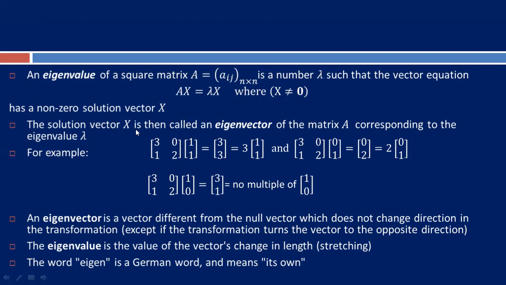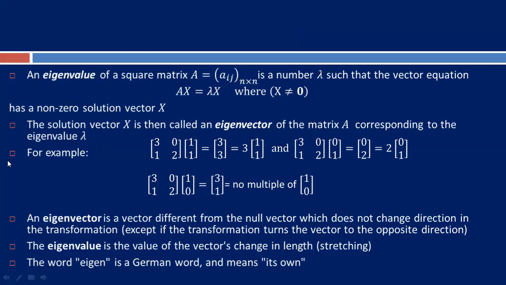The solution vector x is then called an eigenvector. From here, we find some solution vectors. These are called eigenvectors of the matrix A corresponding to the eigenvalue lambda. For each eigenvalue, we have eigenvectors.